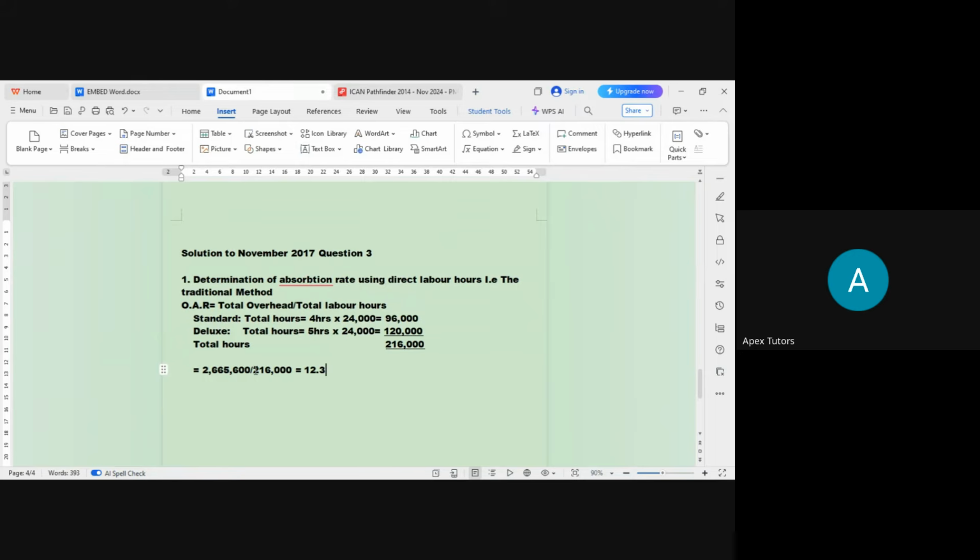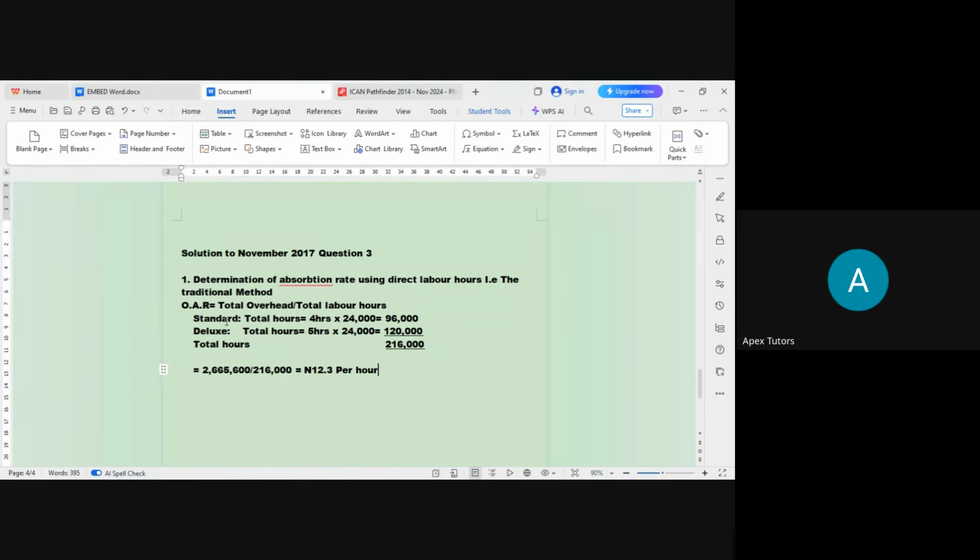So the question says, using the traditional approach to determine the direct labor hourly rate for the company, 12.3 naira per hour. Is everybody in this class, you should know how to do this.